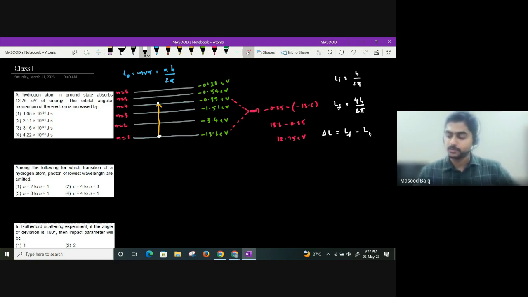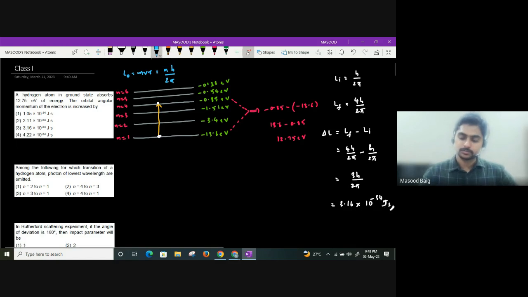Final angular momentum minus initial angular momentum: 4h by 2 pi minus h by 2 pi, which you will get as 3h divided by 2 pi, guys. 2 pi is around 6, so you will get near about 3.16 into 10 power minus 34 joule second as the increase in the angular momentum. Clear, all of you?